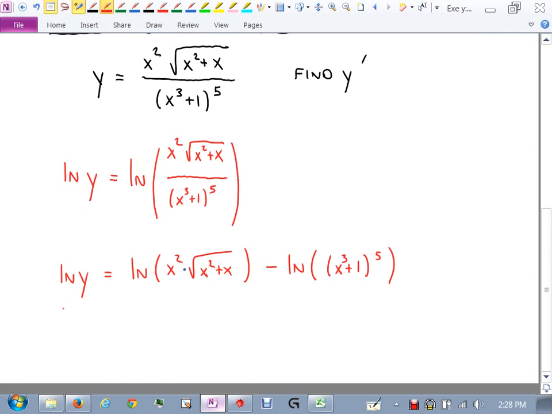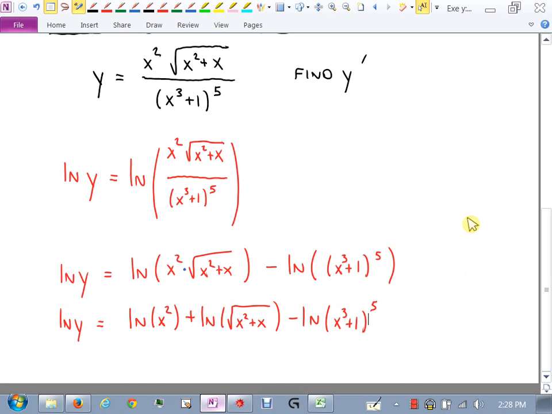So this now becomes natural log y equals natural log of x squared plus natural log of the square root of x squared plus x. And then I still have natural log of, I'm just going to write x cubed plus 1 to the 5th here. I didn't really need that double parentheses here, as long as we all agree that that 5th power is on this. Any questions there?